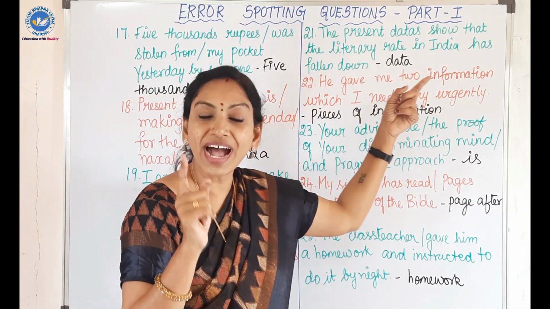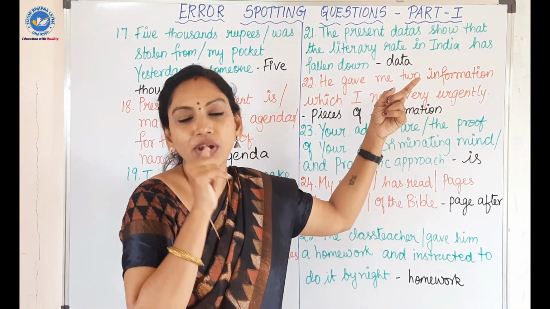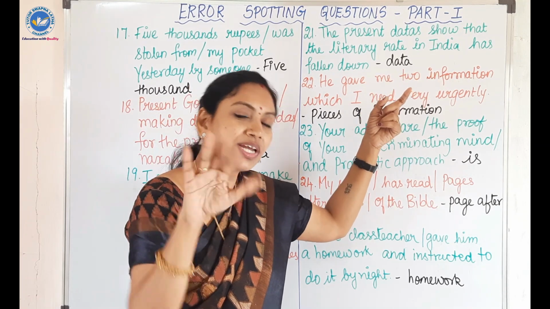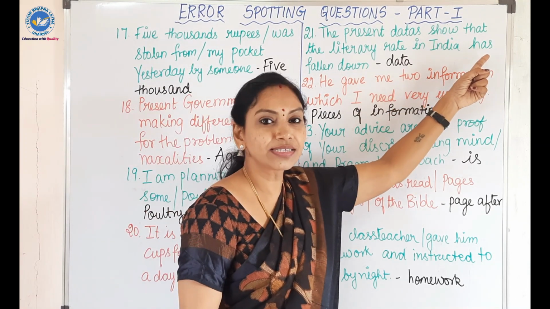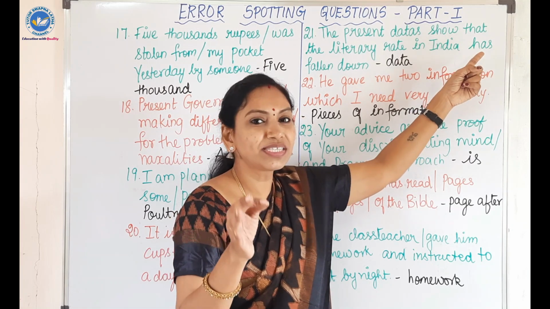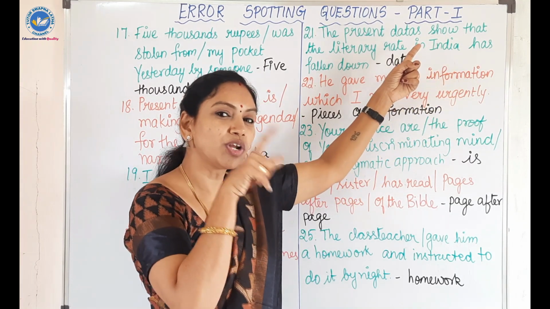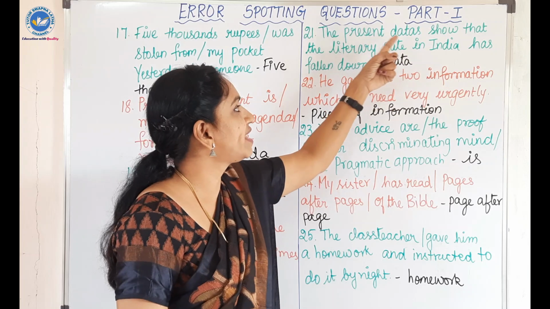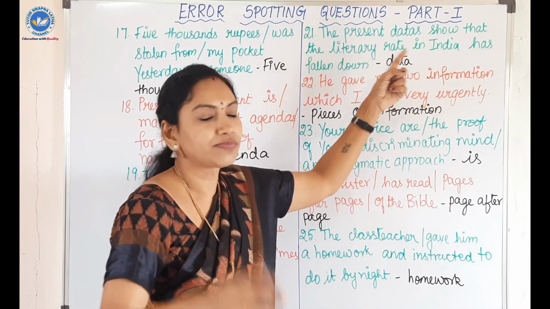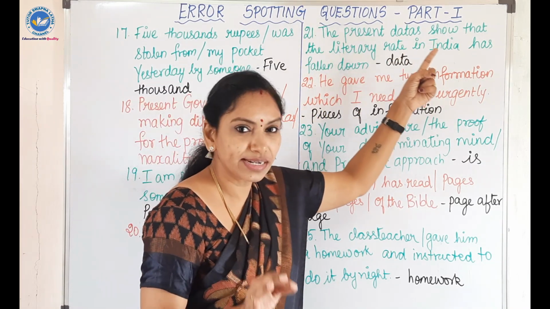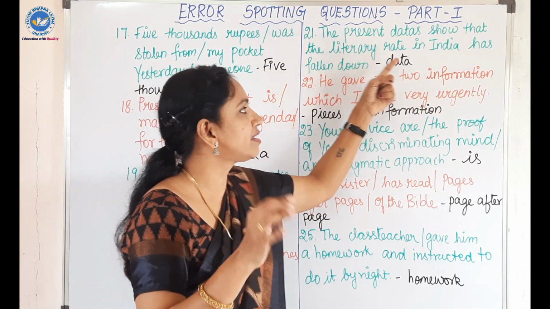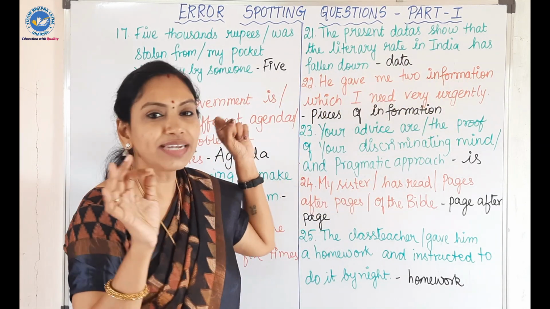Has fallen down. Has is singular. It is a singular verb. If have is given, it's a plural verb. Here has is given. So if the verb is singular, you have to change that noun also to singular. So datas is wrong. Data. The present data show that the literary rate in India has fallen down.